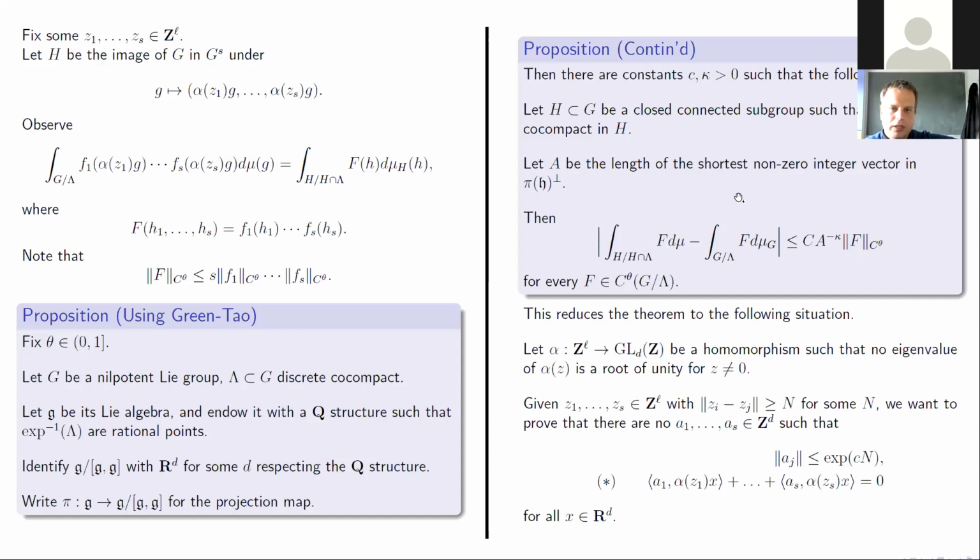As my capital N increases, I want this A to increase too. And so I claim this exponential rate. I need to show that there are no integer vectors which are shorter than exponential in capital N, such that you have this equation.